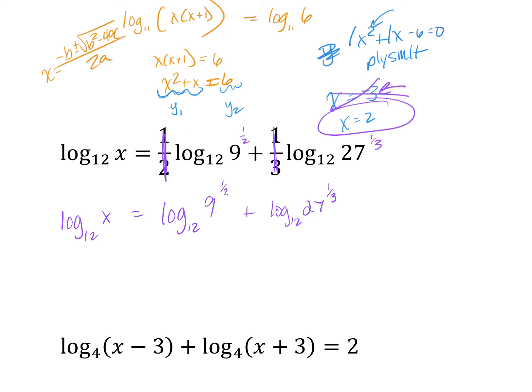Are we comfortable so far? No. I just feel weird as exponents. Okay, we learned these last year. 27 to the 1/3 power is equivalent to the third root of 27. I think that bottom number is just your root. And likewise, 9 to the 1/2 is the square root of 9.